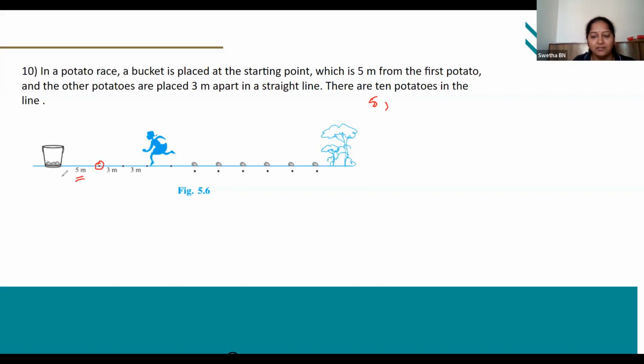The distance between the first potato and the bucket is 5 meters. Right now, what is the second distance? That is the distance between the bucket and the second potato, 3 meters.